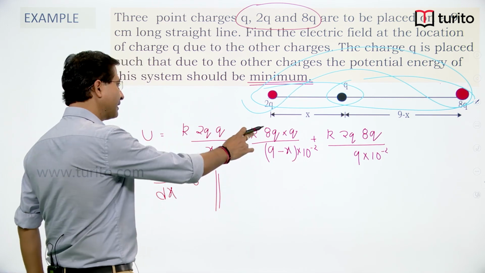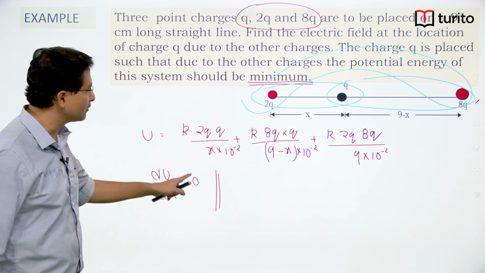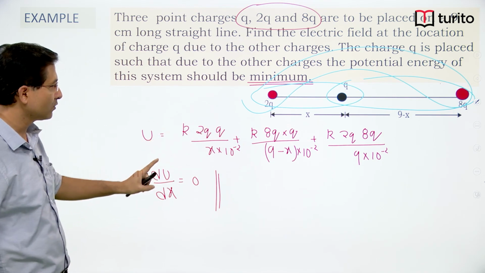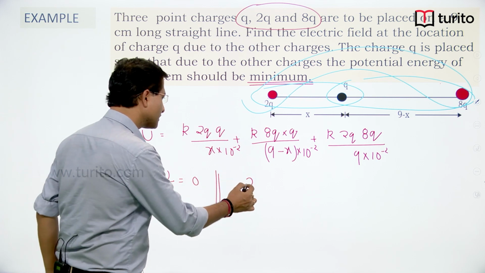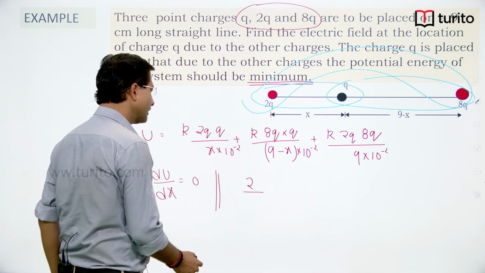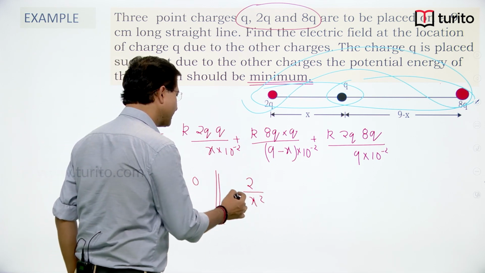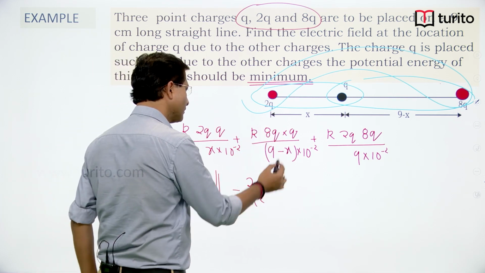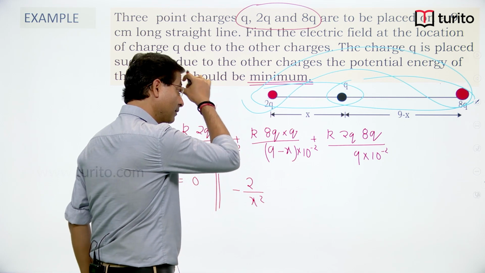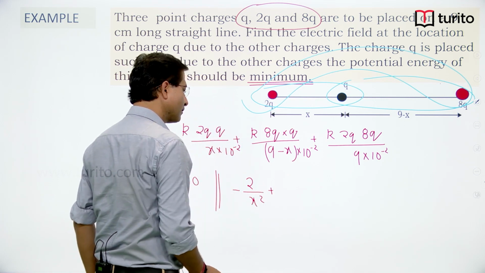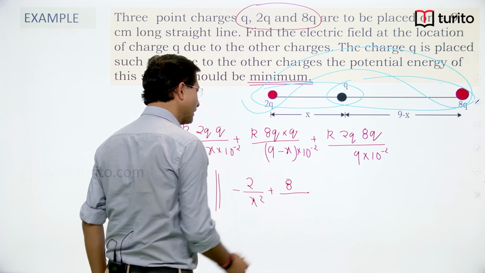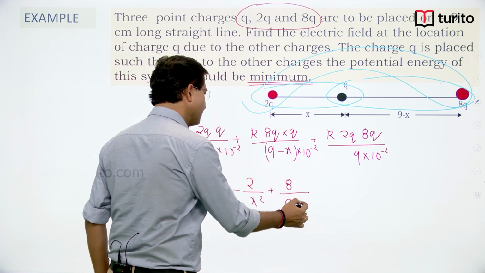So, this k after differentiation you have to equate to 0, all these terms will go, and on the other side 0. So, I am just writing the first term will be 2q divided by x square with minus sign, then the second term will be plus 8 divided by 9 minus x whole square.